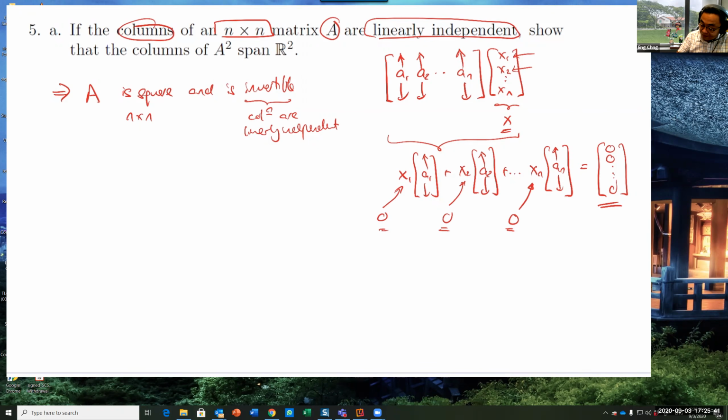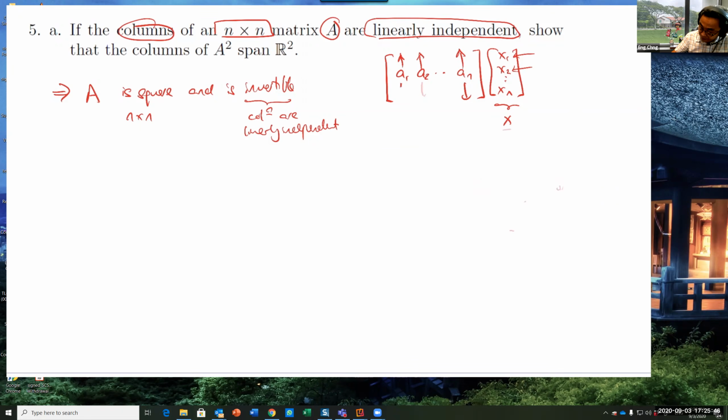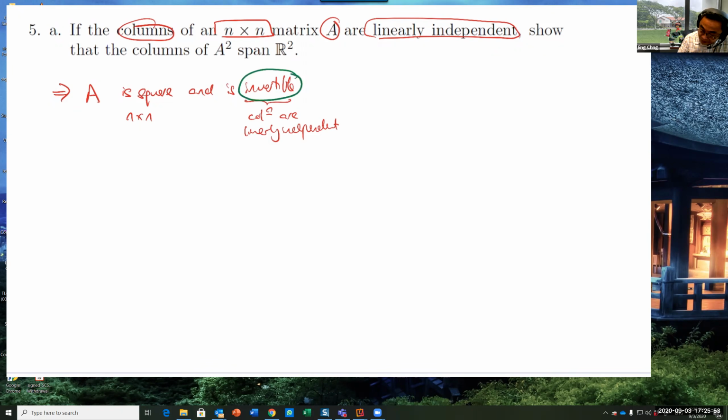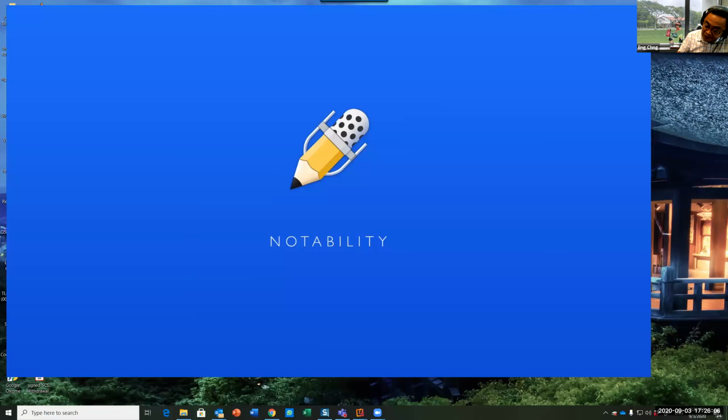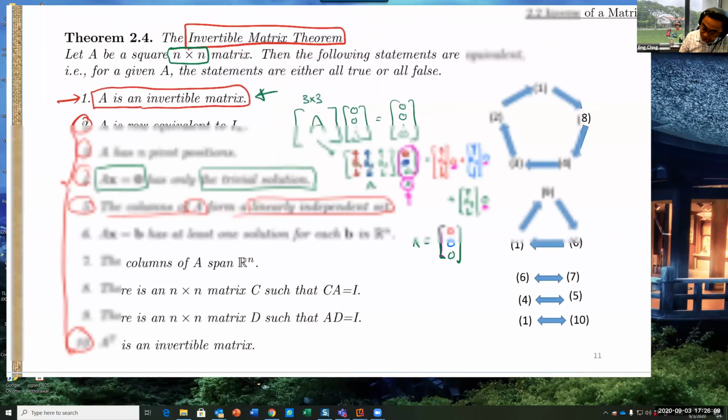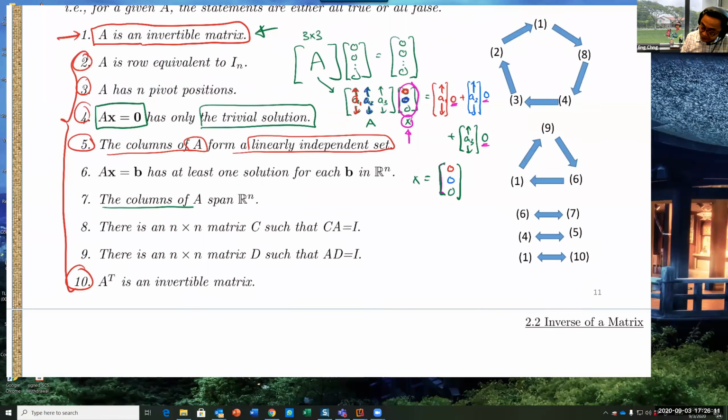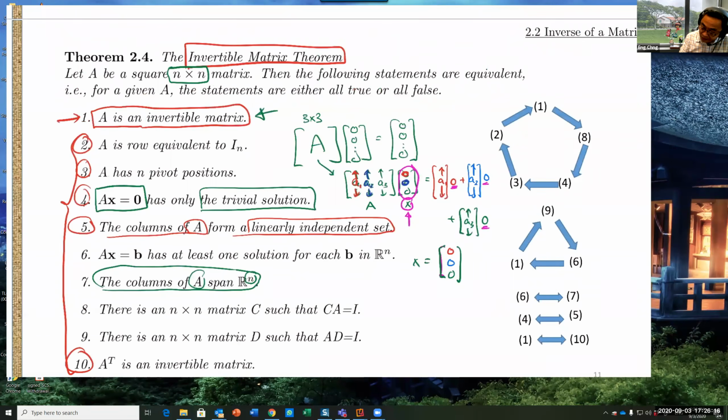All right, once we have columns of A that are linearly independent, what do we do? Well, then we have just found out that A is invertible. Show that the columns of A squared also span Rn. If you look at it very carefully, the columns of A span Rn because A is an n by n matrix.